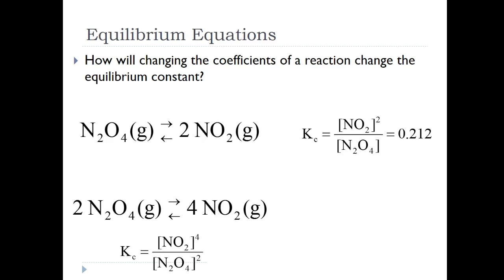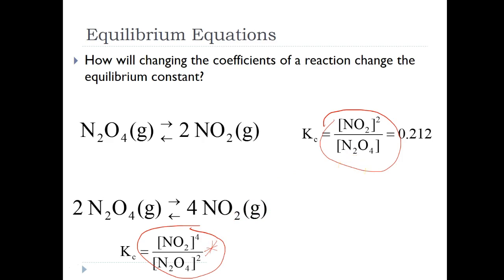So if we look at the equilibrium constant expression for the first reaction, and then we look at the second, the difference between them is that this bottom one is just the first expression squared.